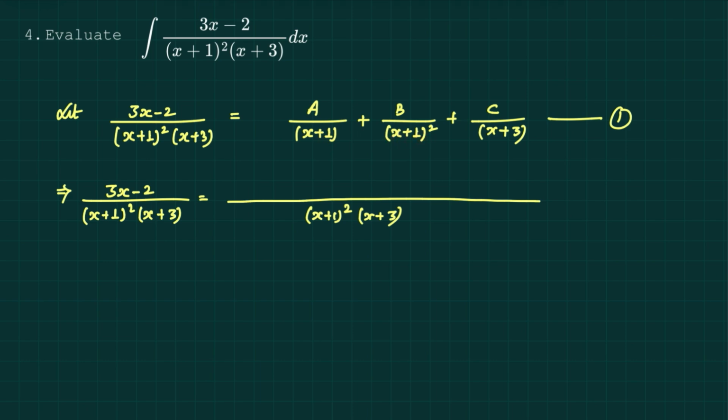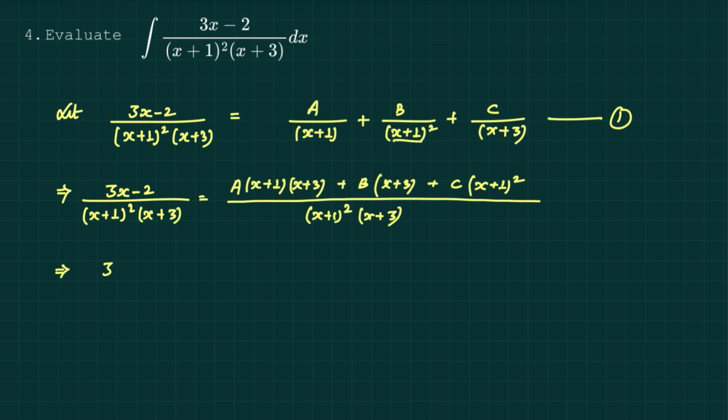So in the numerator we will have a into, since in the LCM there is x plus 1 whole square and in the denominator of a there is x plus 1 only, we have to multiply with x plus 1, and there is x plus 3 also, plus b into, since the denominator of b is x plus 1 whole square and the LCM is x plus 1 whole square into x plus 3, here we have only x plus 3, plus c into x plus 1 whole square.